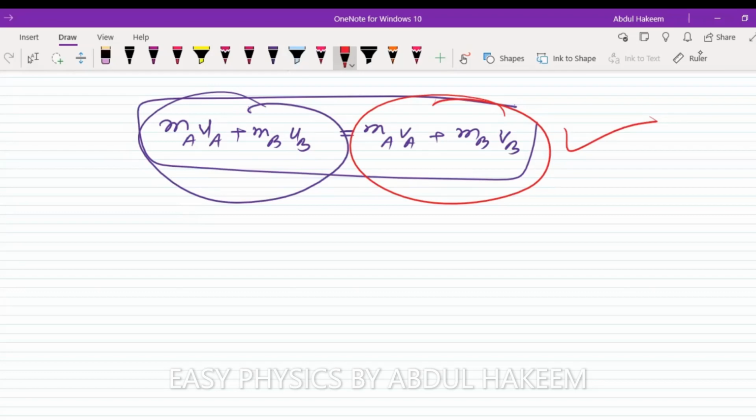Kinetic energy is also conserved. So for the elastic collision, momentum conserved, total energy conserved, total kinetic energy conserved. Meaning the total kinetic energy before collision is equal to total kinetic energy after collision.